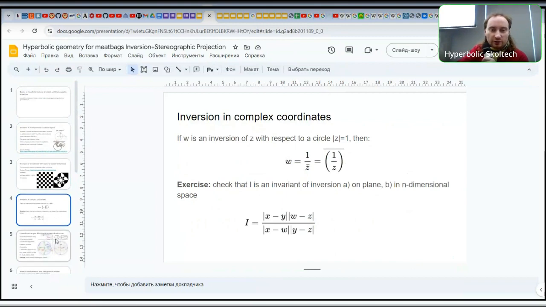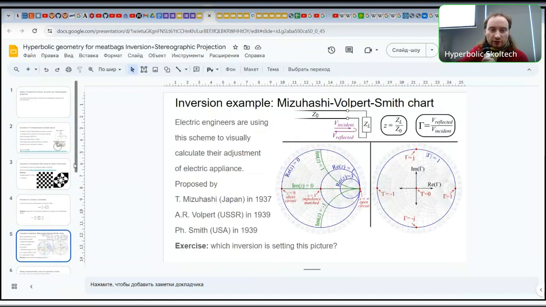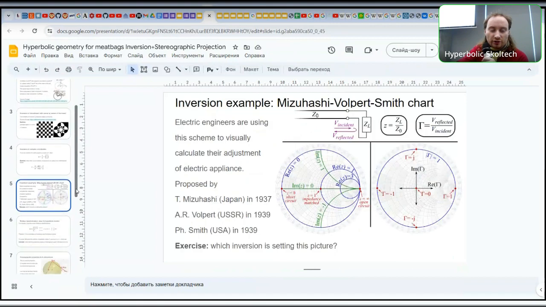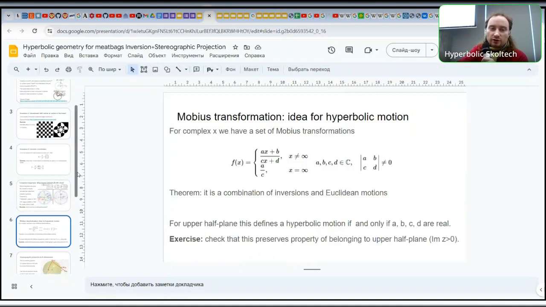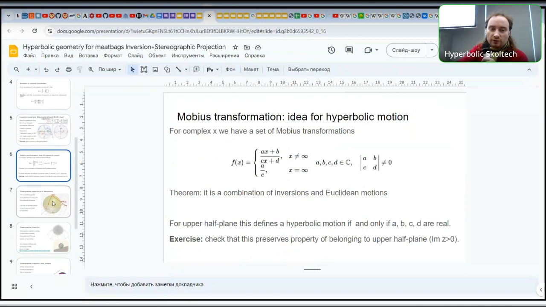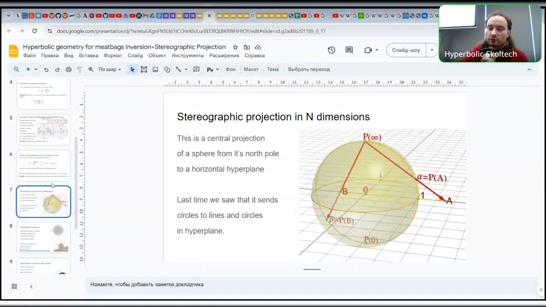And so inversion changes orientation for our geometric body. And we constructed the whole group of hyperbolic motions for the plane, for three-dimensional space, for n-dimensional space.